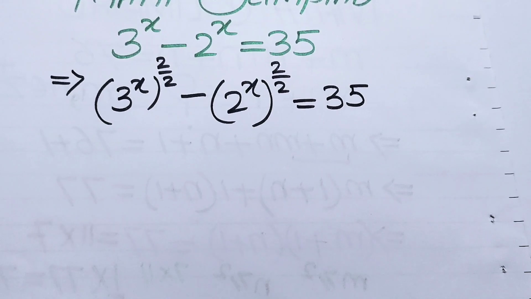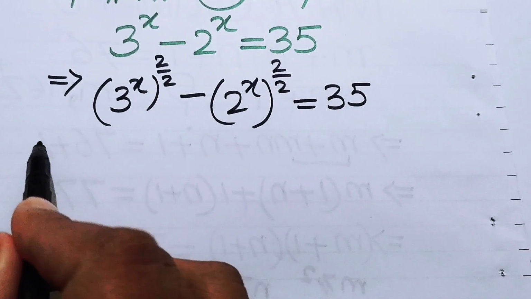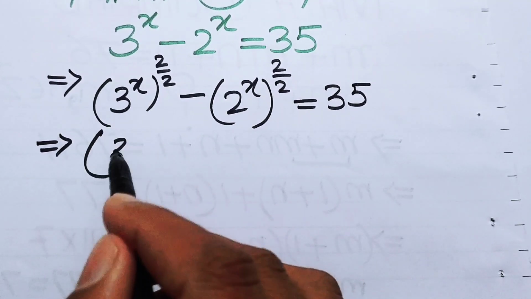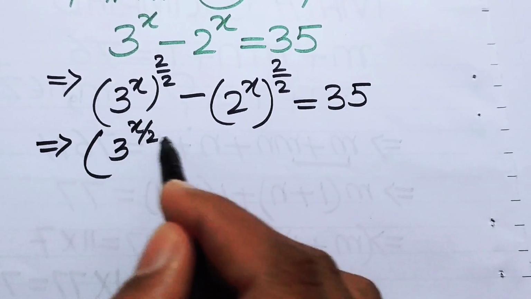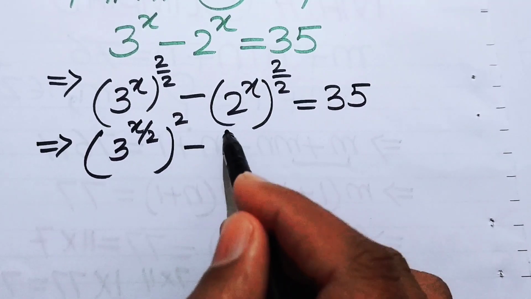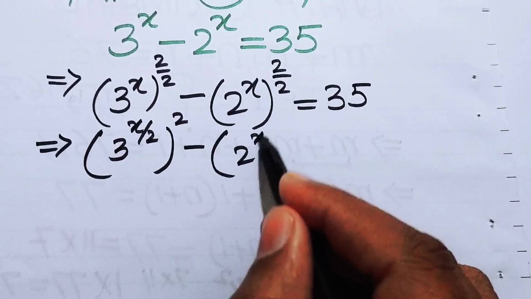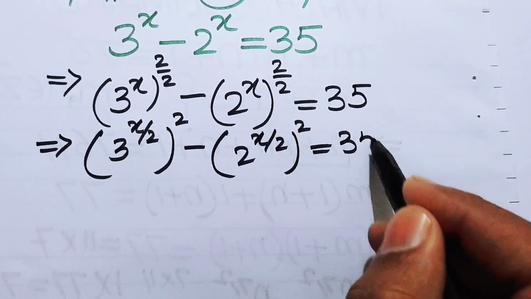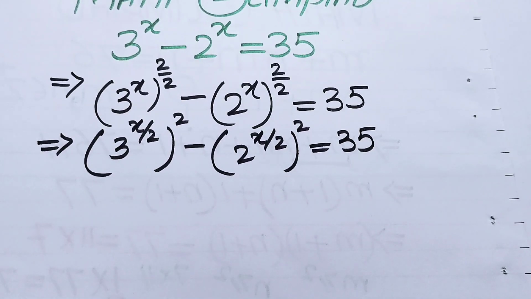And now in the next step we use the exponential law here, and we multiply this 1 over 2 power on the power of x, and we get 3 to the power of x over 2 and its whole square, minus 2 to the power of x over 2 and its whole square equals 35.